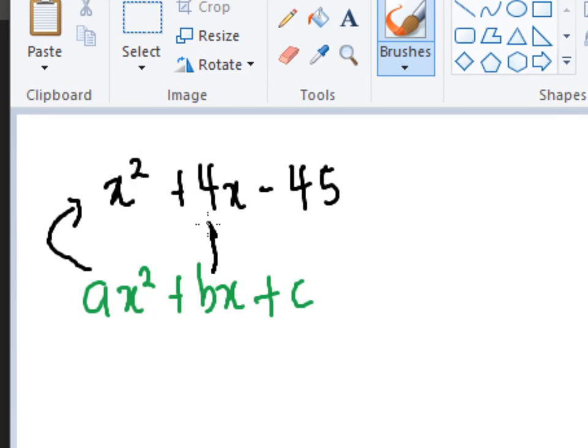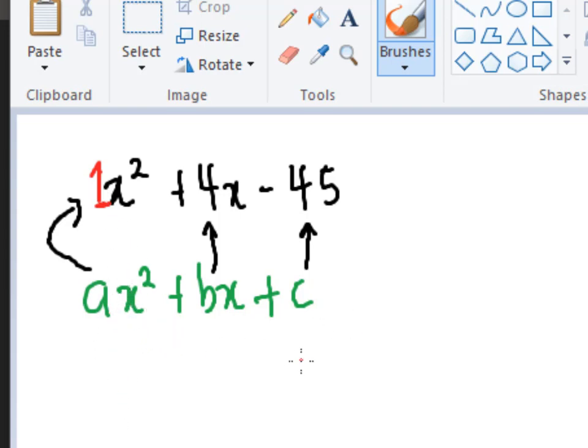Our b here will be 4, and our c is 45. When we look at the coefficient of x squared, we can't see anything there, but indirectly there's an invisible 1 there. Okay, good. So let's see how best such a question is solved.